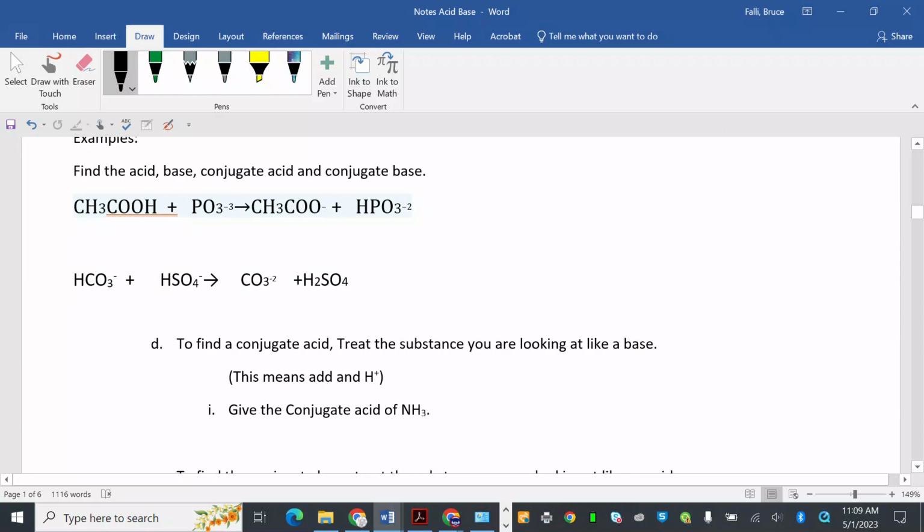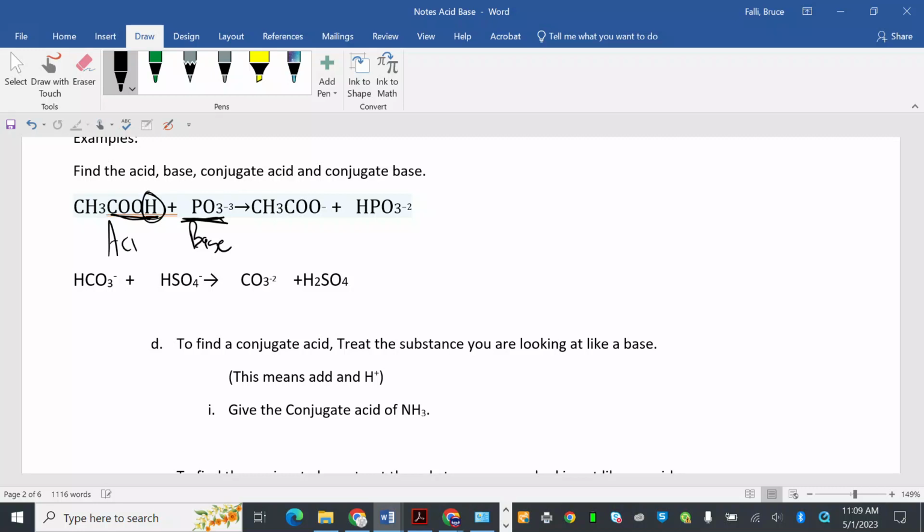Find the acid, base, conjugate acid, conjugate base. So this ain't got no H. If it ain't got no H, it can't give an H. That means it's a base, which means it has to receive an H. COOH, this is the H it's going to give, acid. In the reverse direction, this starts with an H. Does it give up its H when it comes over here?